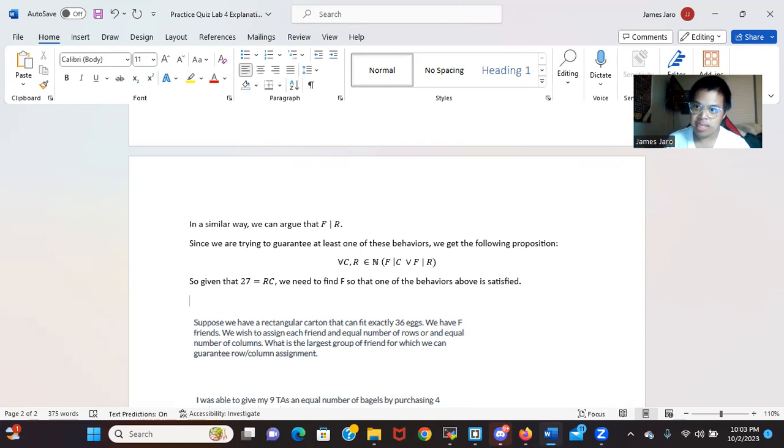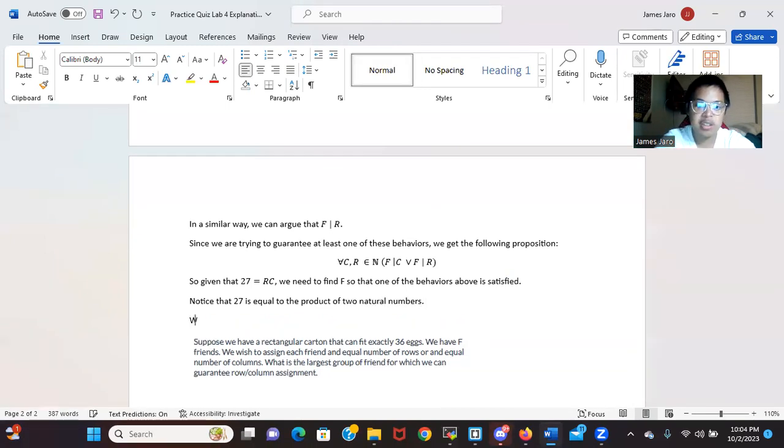This is all nice and well, but how do we go about this? What we're going to do is notice that 27 is equal to RC. So 27 is equal to the product of two natural numbers.